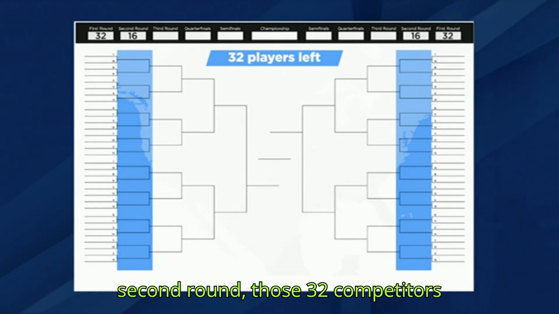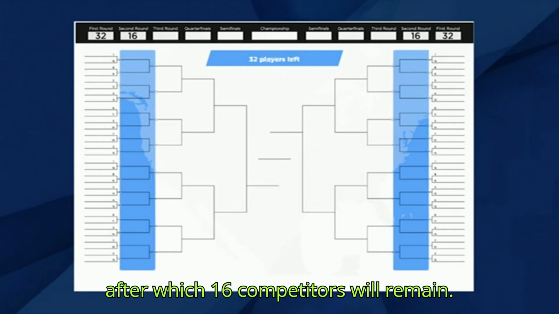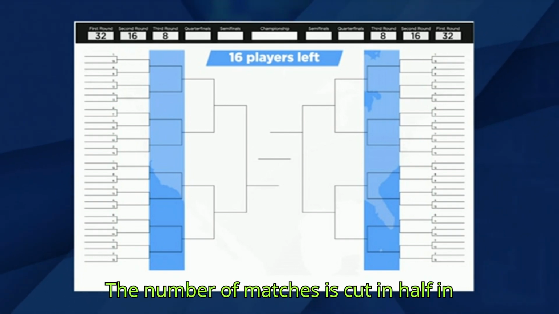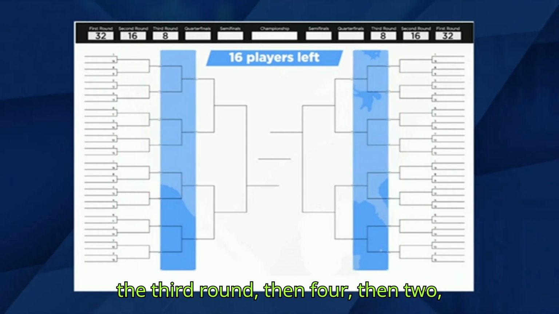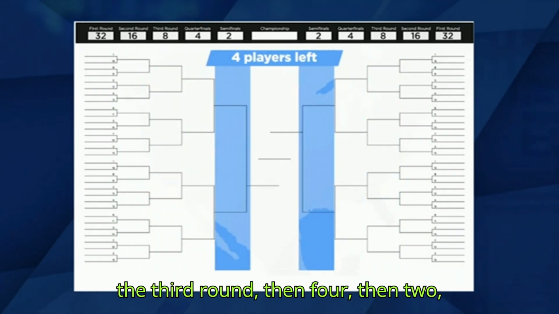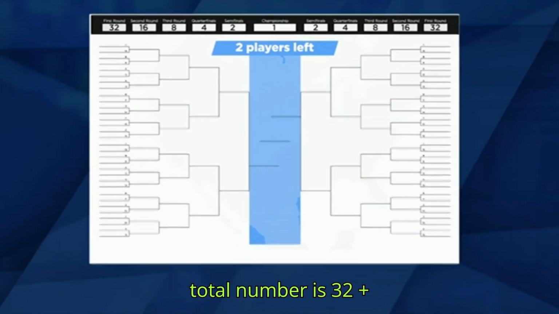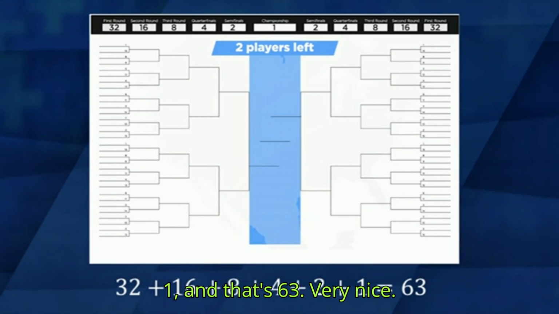In the second round, those 32 competitors will compete in 16 new matches, after which 16 competitors will remain. The number of matches is cut in half in each round. There will be 8 matches in the third round, then 4, then 2, and then 1 match in the finals. So the total number is 32 plus 16 plus 8 plus 4 plus 2 plus 1, and that's 63. Very nice.